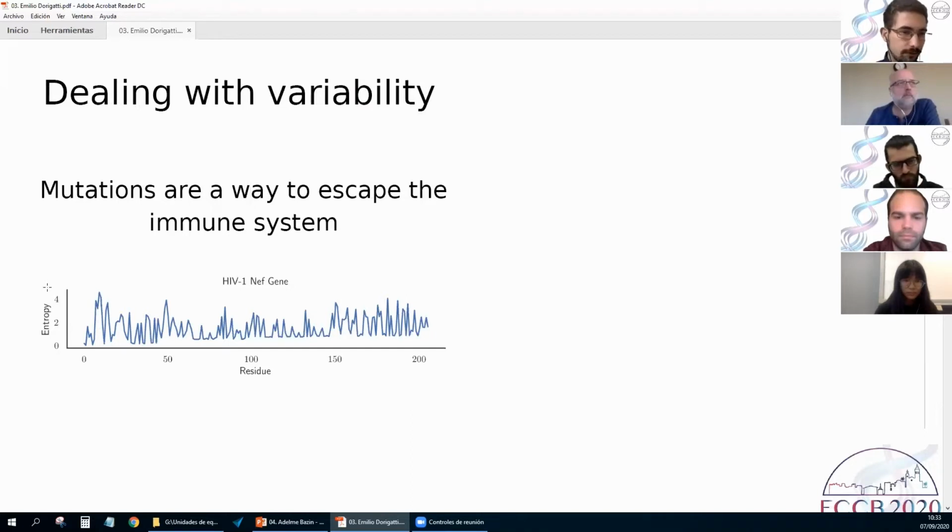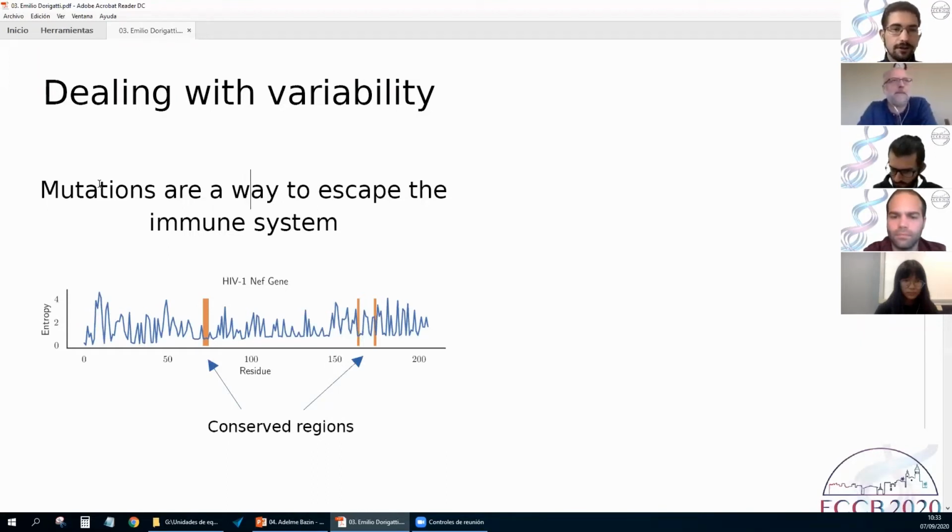And as you can see, while some positions are essentially random, others are very conserved. In particular, these three regions are known to be extremely important for the functioning of HIV, so that if they are mutated in the wrong way, the resulting virion will not be effective. And so by natural selection, these regions will be conserved.